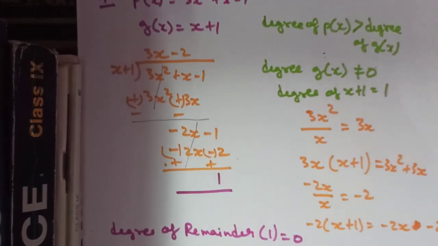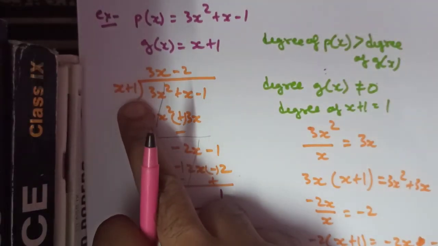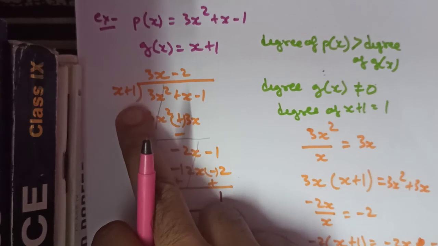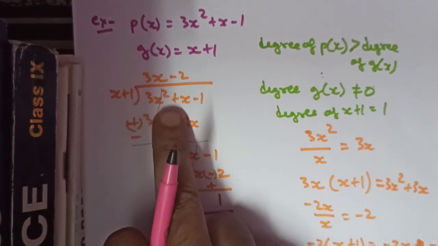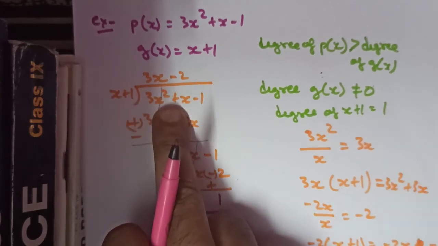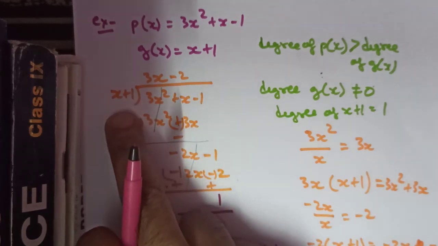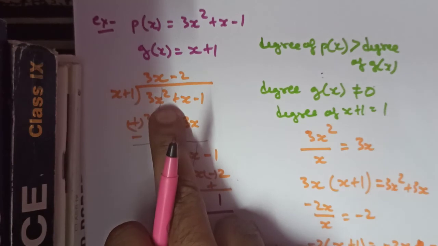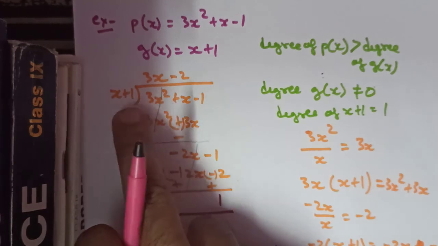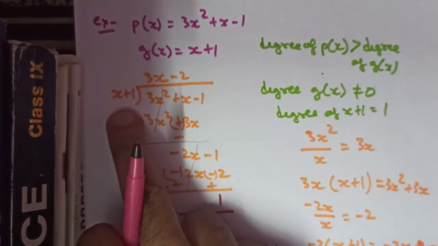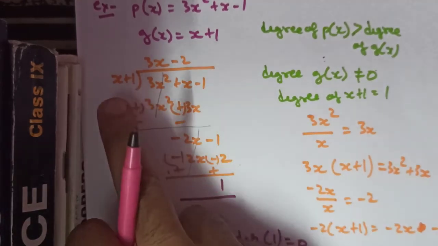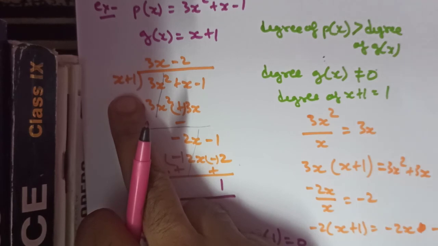The first point is that the degree of the dividend polynomial p(x) should be greater than the degree of the divisor polynomial. Here the degree of the dividend polynomial is 2, which is greater than the degree of the divisor polynomial, that is 1. Second, the degree of the divisor polynomial cannot be 0.